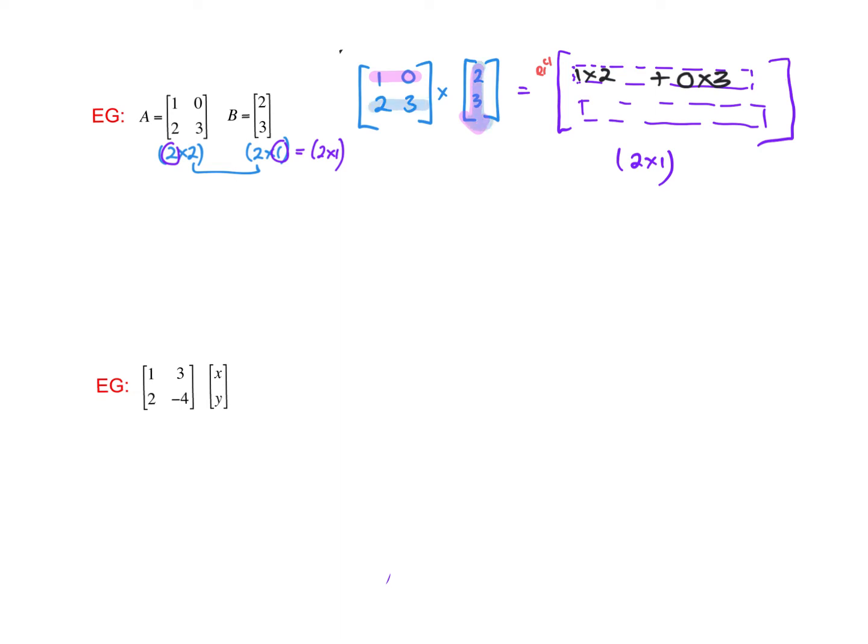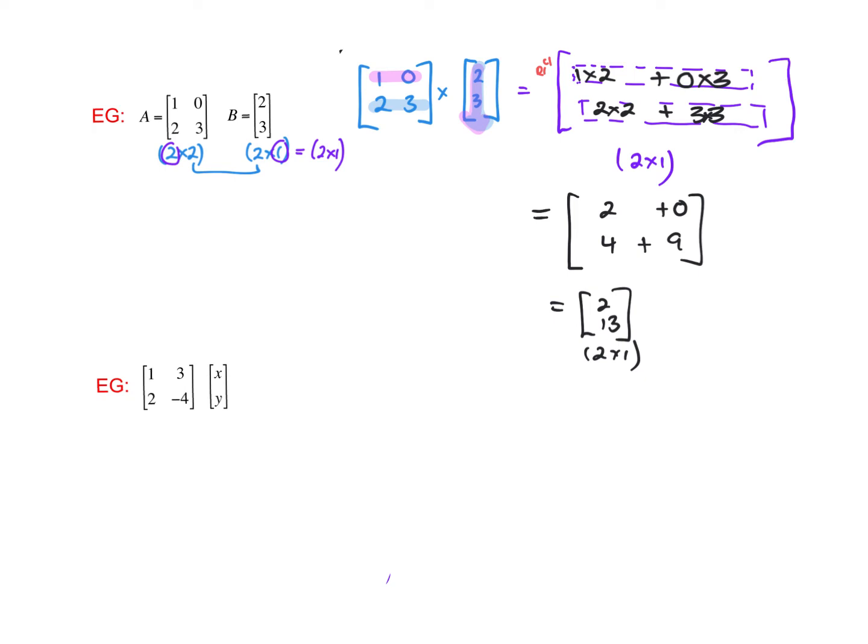You're in row 2, column 1. So we would have 2 times 2 plus 3 times 3. So then you tidy that up. So you've got 2 plus 0, and 4 plus 9, and you could keep tidying that up and you get 2 and 13. So is my answer a 2 by 1? Yep, so we've gone okay.